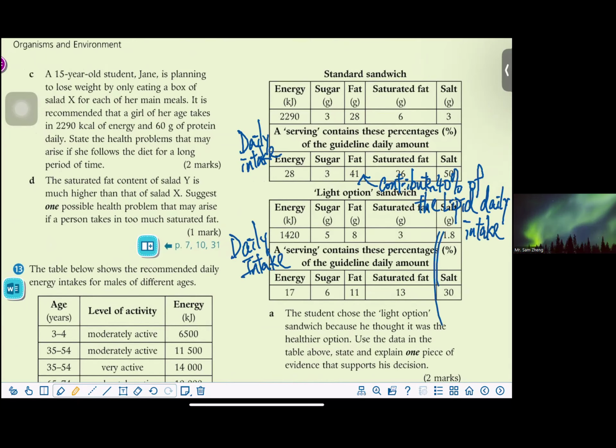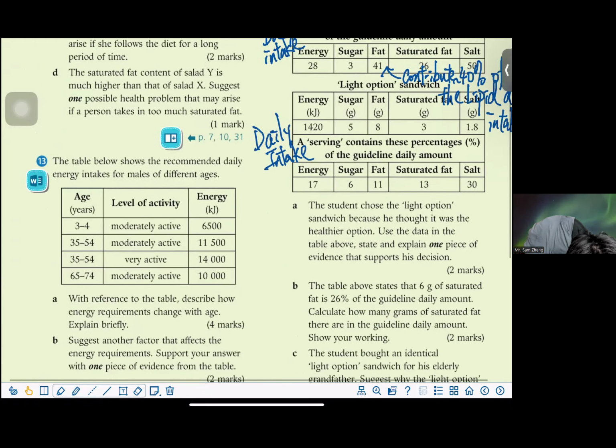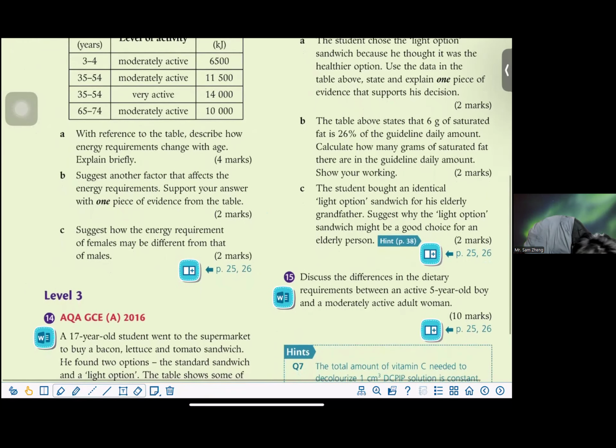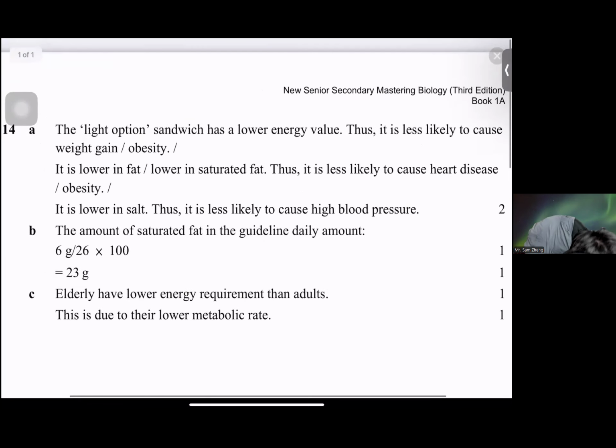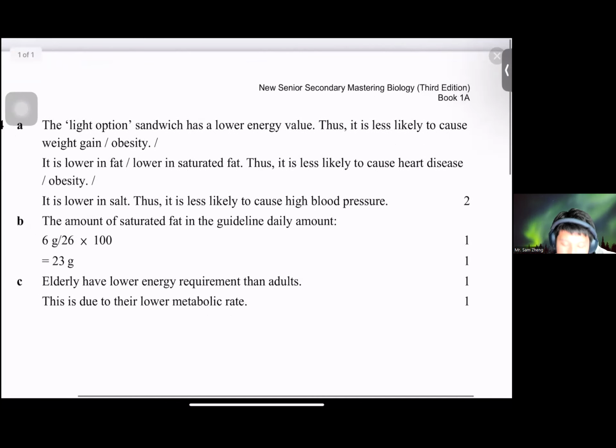So if you look at A, this gives you a brief idea whether the light option sandwich is healthier. Of course, the light option of the sandwich would be healthier. Why? This is because it has lower fats, or a lower amount of saturated fat. So this will be less likely to cause heart disease or obesity.